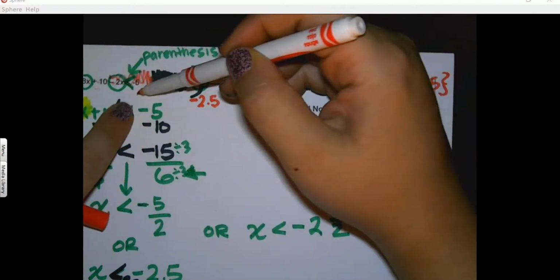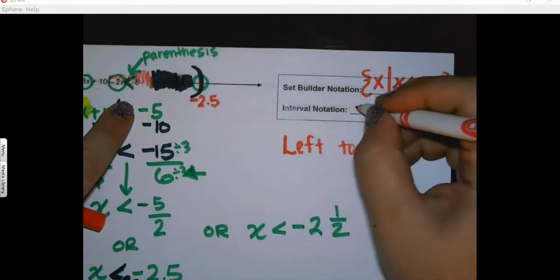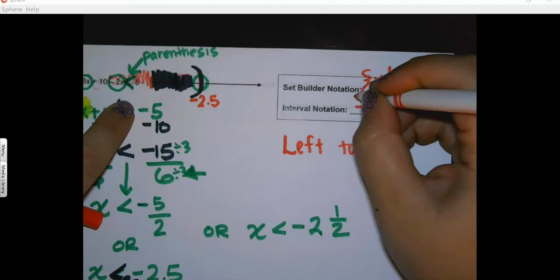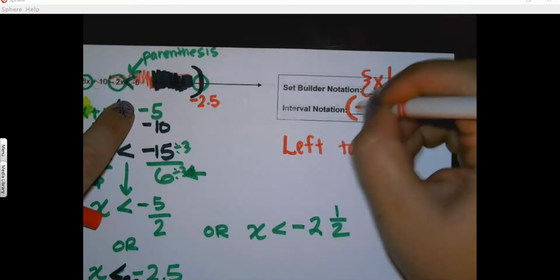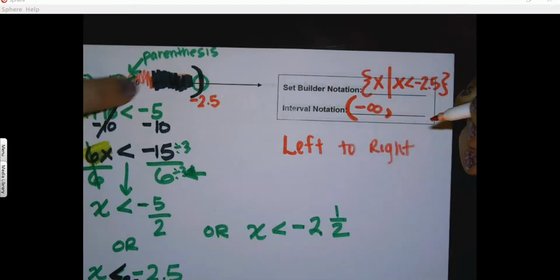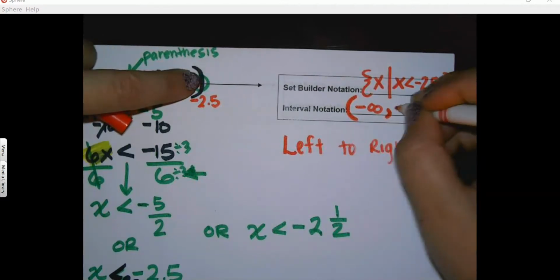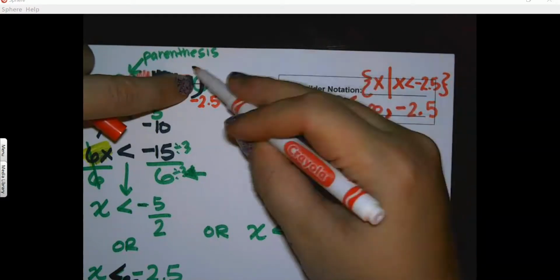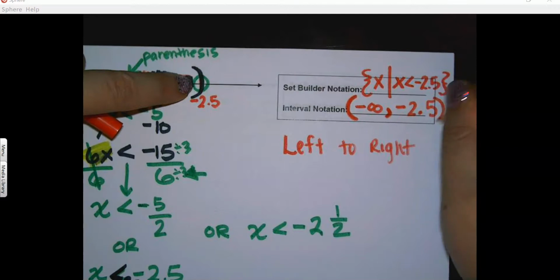Well, the numbers over here are the negative numbers. So I'm going to put negative infinity, and then parentheses always go around infinity. Then I'm going to put a comma, and then I go to the right and it stops at negative 2.5. And there's a parenthesis there. So I put a parenthesis here.